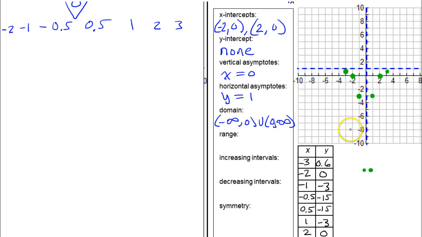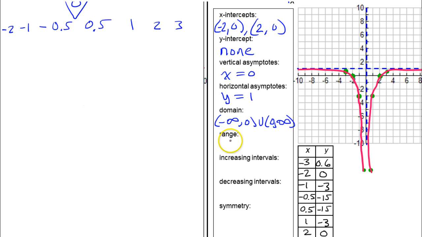And you can see the way that it's approaching the asymptote in this fashion. Alright, it's going to be doing something like this. Okay, and this one is going to be doing something like this. Okay, that's what this graph is going to look like.